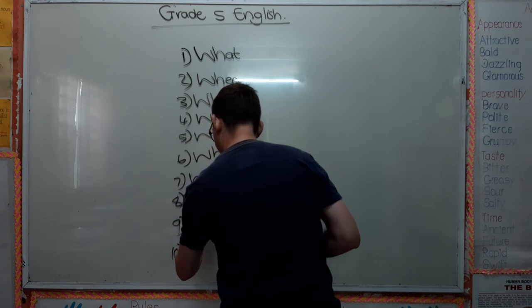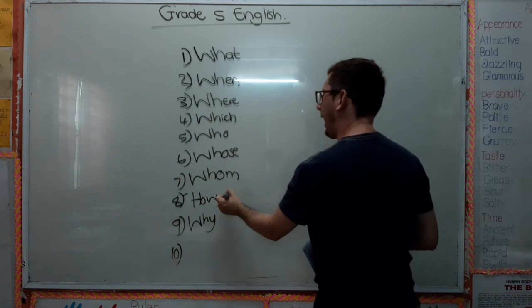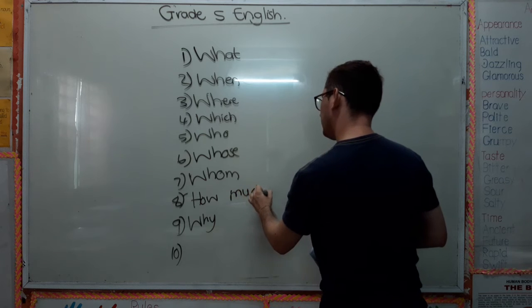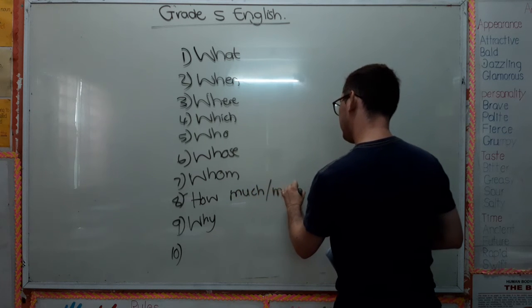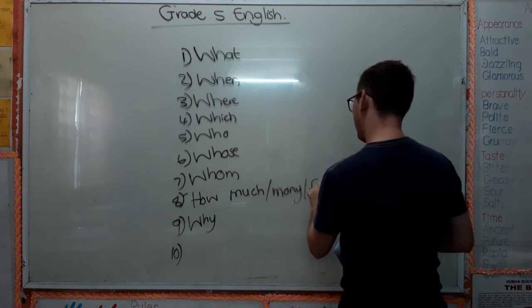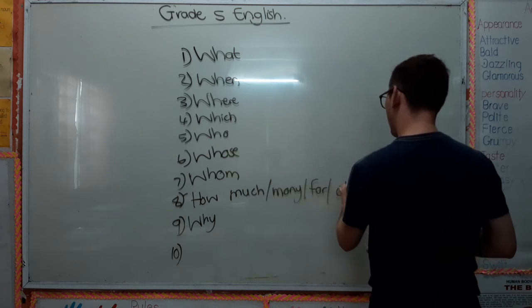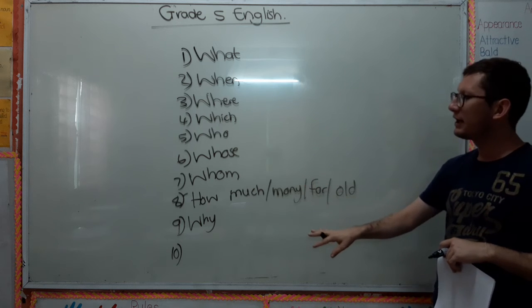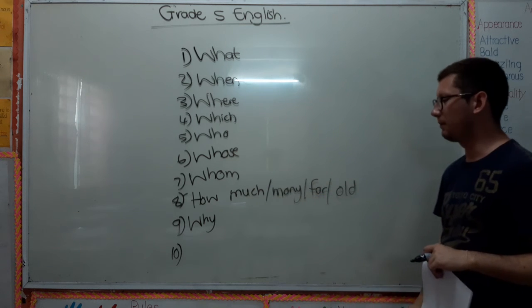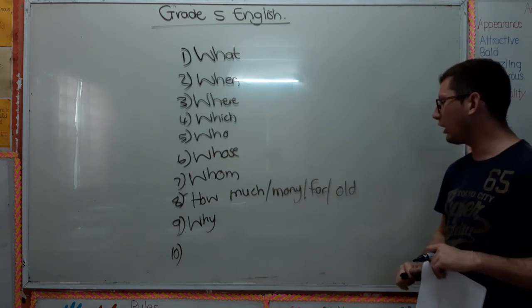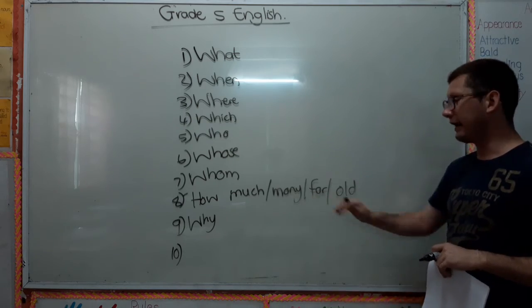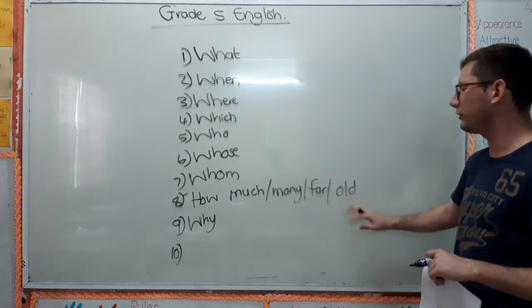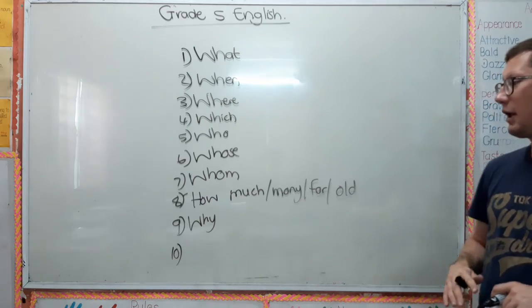And how can be how much, how many, how far, how old, okay? So how much is uncountable. How many is with countable. How far is with distance, and how old is with age. Okay?